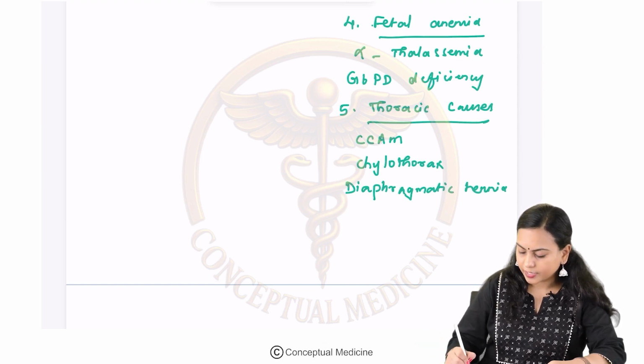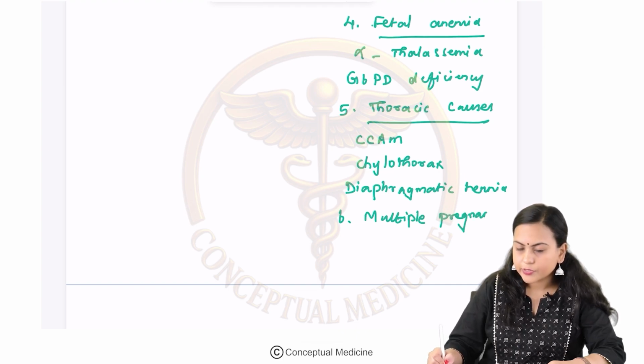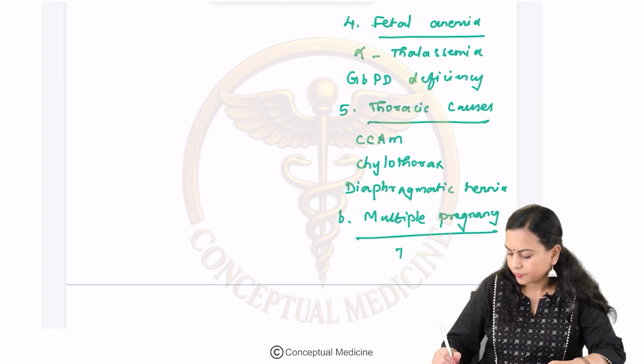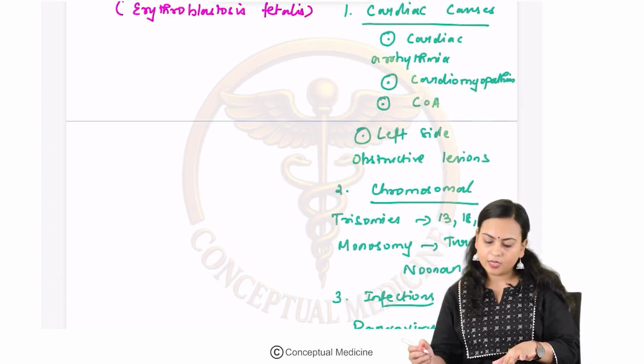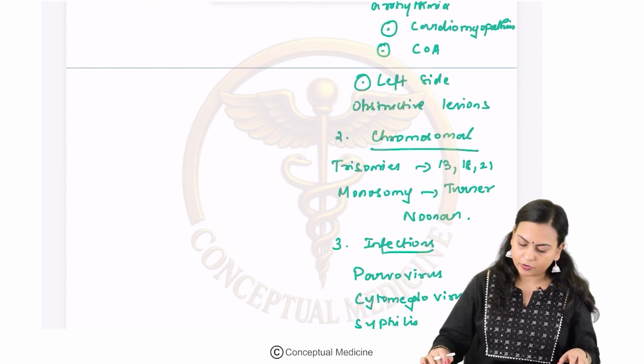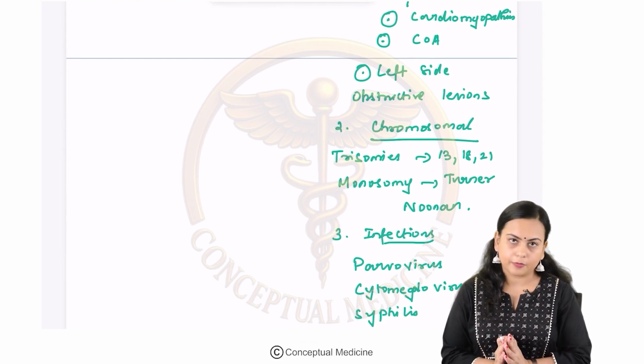Not only in this, when there is a multiple pregnancy, in twin-to-twin transfusion syndrome also this can occur. This list is not complete, but these are some of the important causes, and remember the cardiac causes are the most important non-immune causes of Hydrops fetalis.